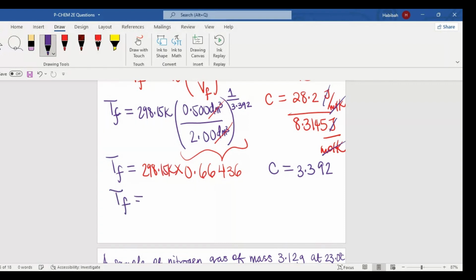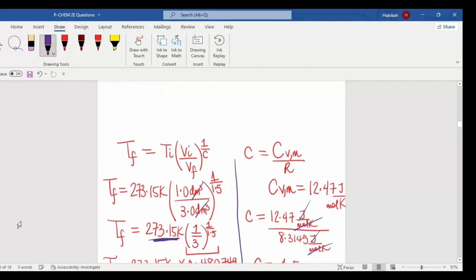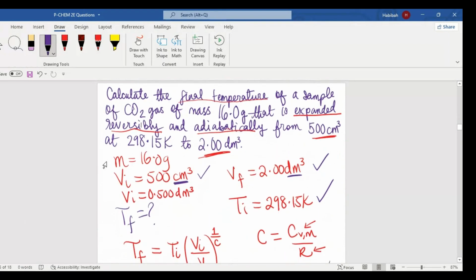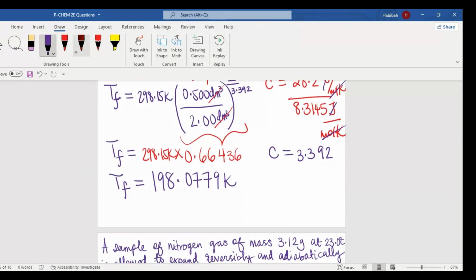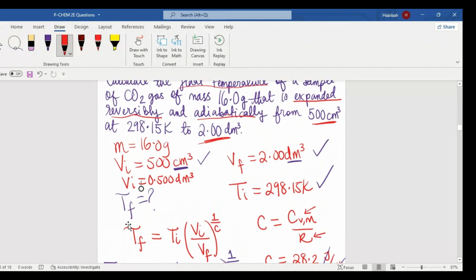When we input this information in our calculator, we end up getting 198.0779 kelvins. And as you can see, our initial temperature was given to us in 2 decimal places. So the T final ends up becoming 198.08 kelvins, just like our initial temperature was given.